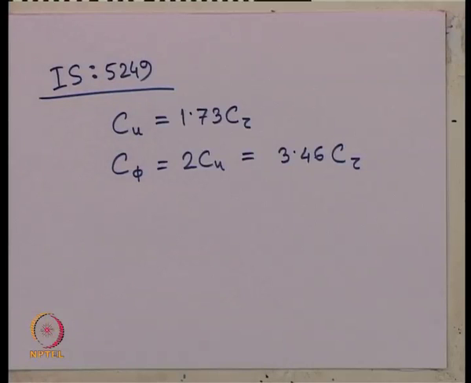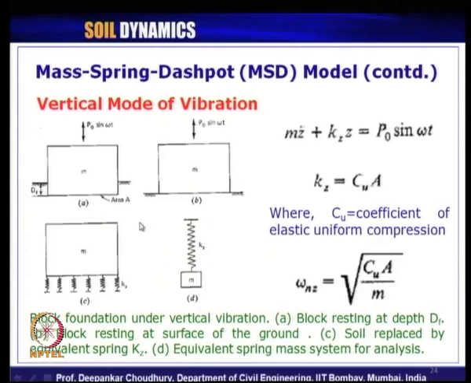So, now using the MSD model for each of the modes of vibrations, let us see how the design can be done. First, we have to do the analysis. In vertical mode of vibration, this is the block type of foundation, block resting at a depth of Df below the ground.